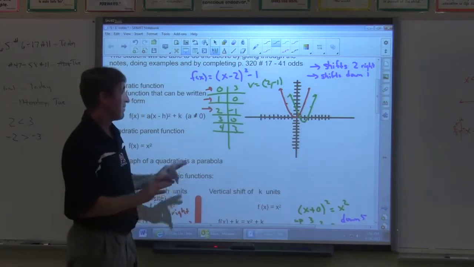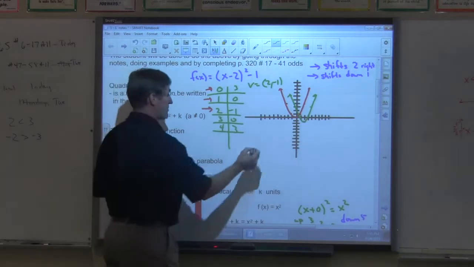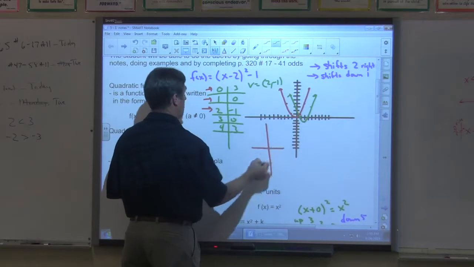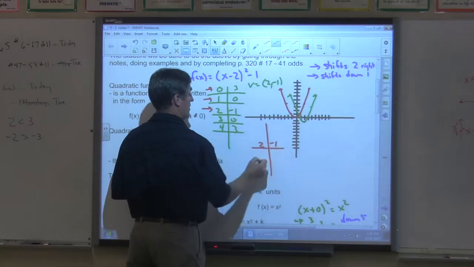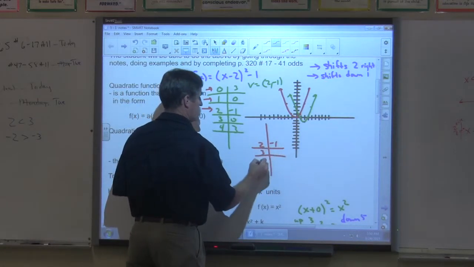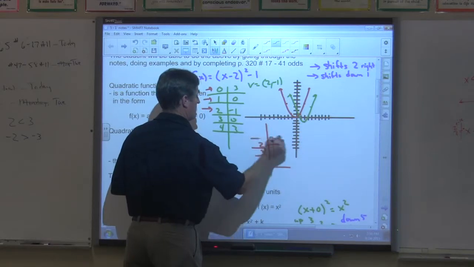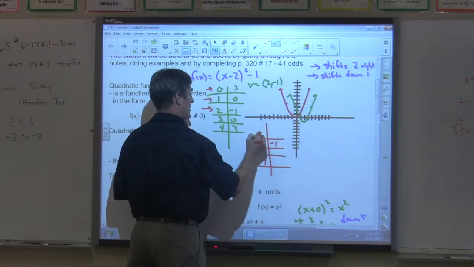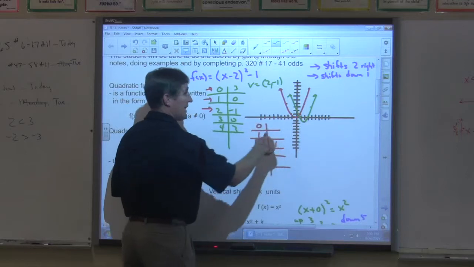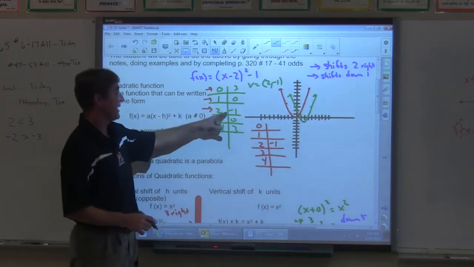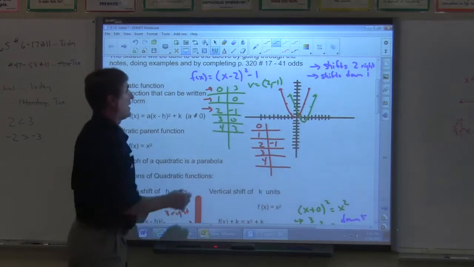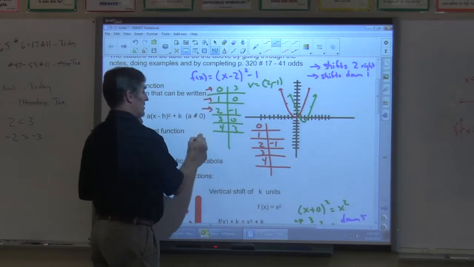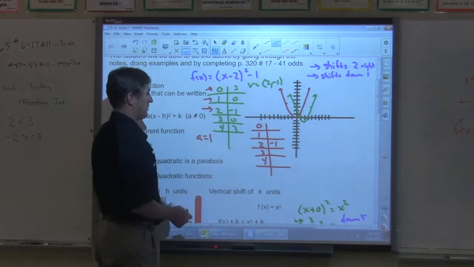Another way to do it. Some people like this, some people don't. So let me show you what you can do. We know this. To find these output numbers, instead of plugging them in and getting them out, if you go to your A value, in this case A is 1.